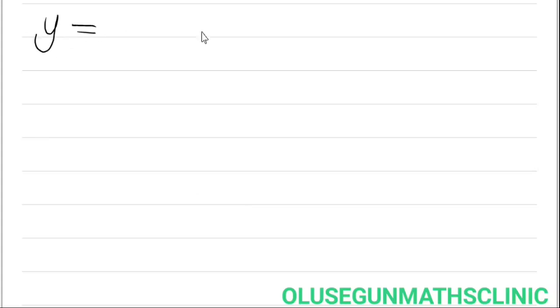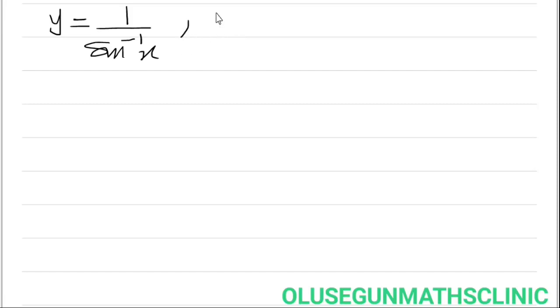y is equal to 1 over arc sine of x. Now what you observe here is that you can rearrange the value of y.